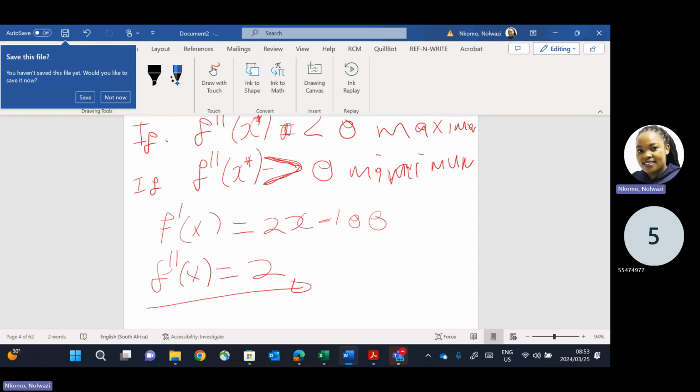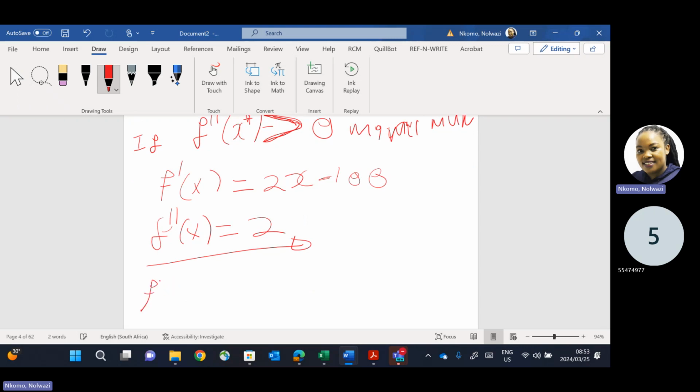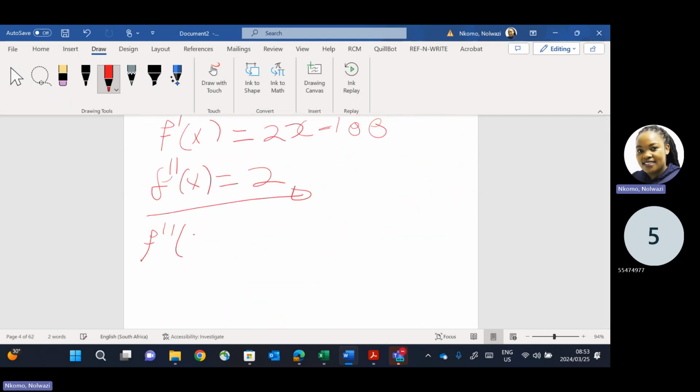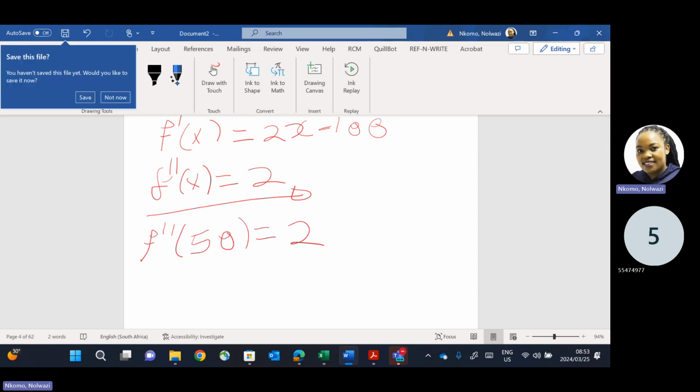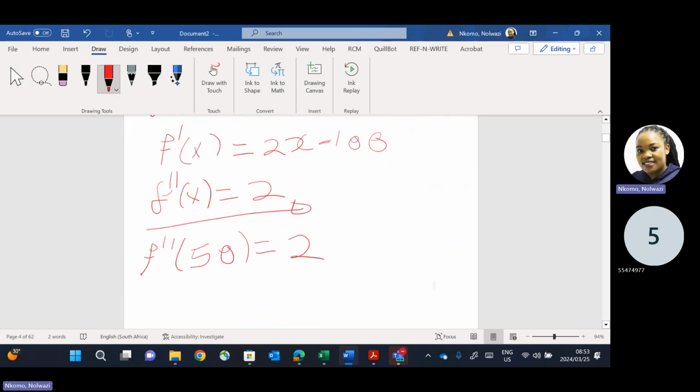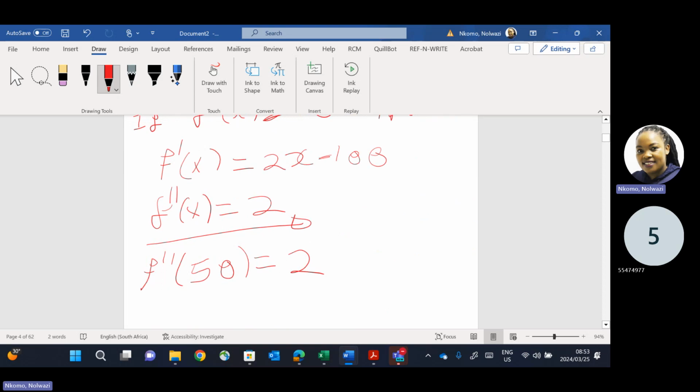Because our point was 50, this means the second derivative at 50 is equal to 2. 2 is positive. So from this information, we can conclude that x star equals 50 is a minimum point. It's a minimum stationary point.